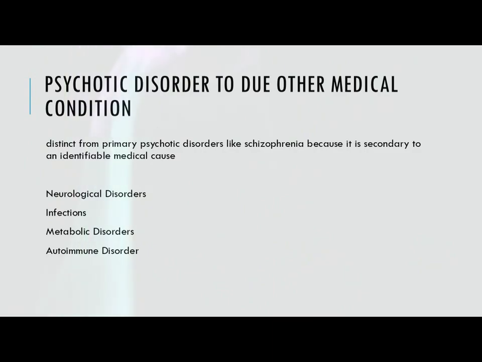Syphilis, in its late stage, infects the neurons, so you get neurosyphilis, and that can cause profound psychotic symptoms. You can have metabolic disorders like hypoglycemia, electrolyte imbalances, liver failure or renal failure that can cause disturbances and confusion and hallucinations and bizarre behavior in people.